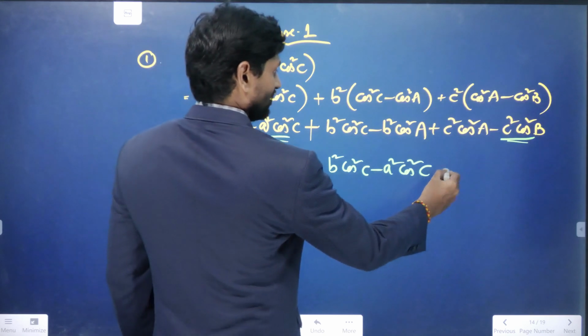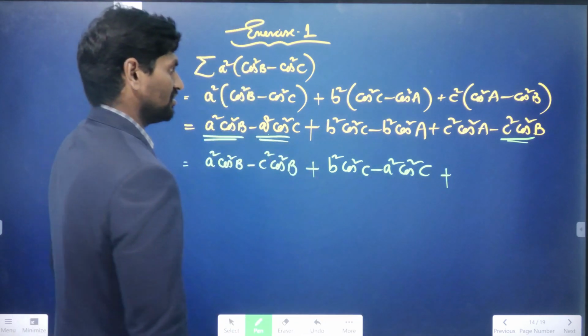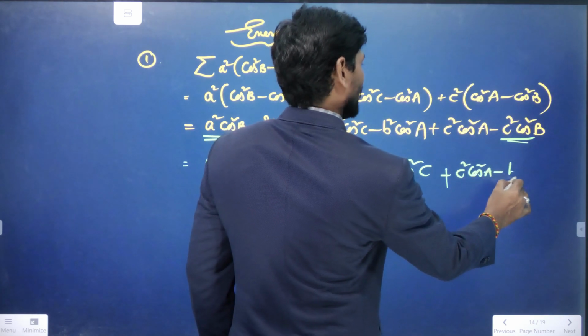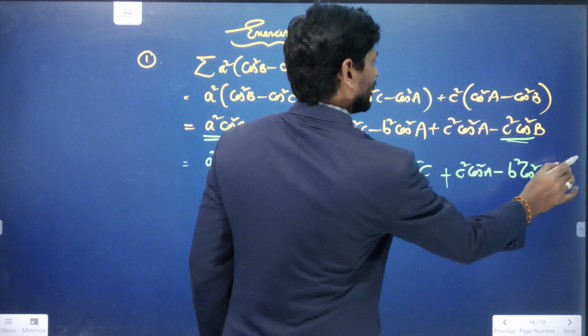Now the remaining cos square A terms: C square cos square A minus B square cos square A.